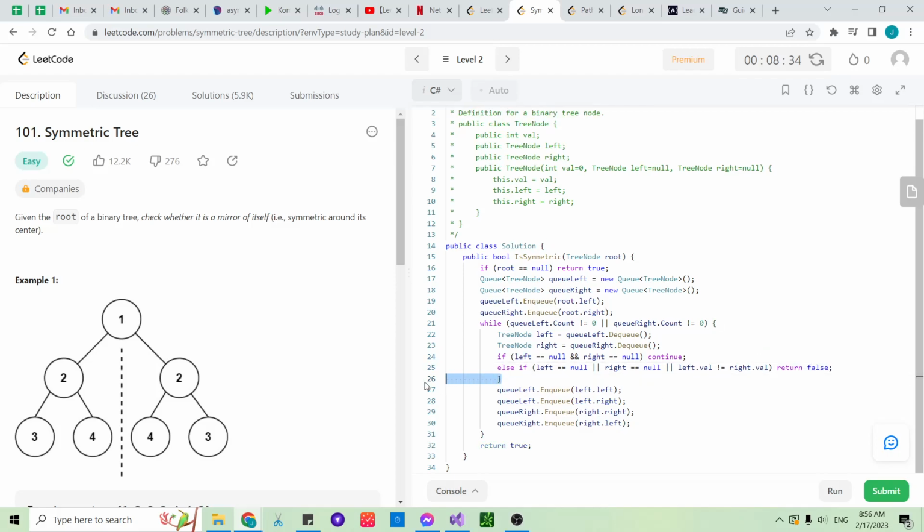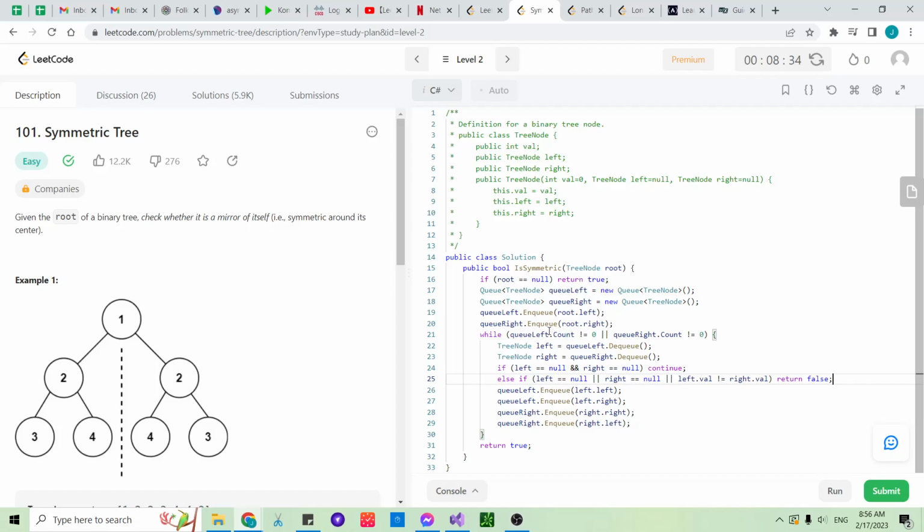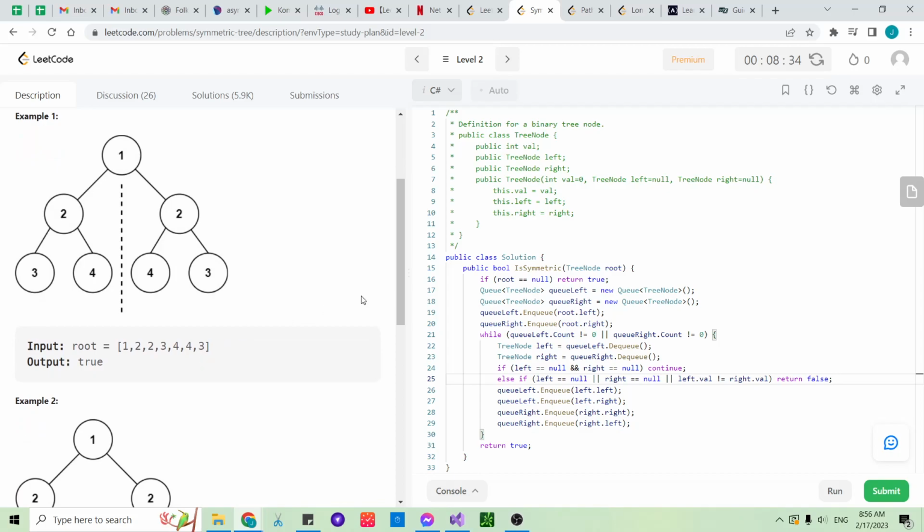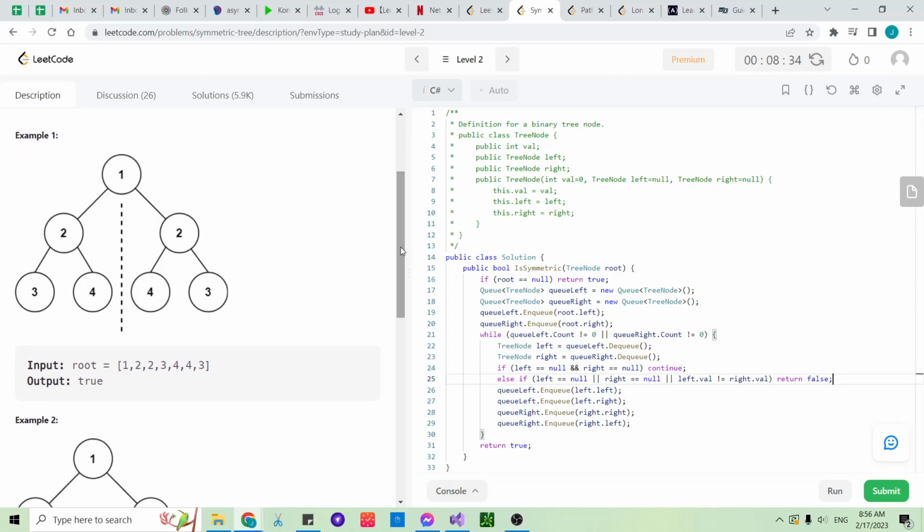So that's not really refactoring anything, just, okay, if they're both null, we will continue. So in the case when that is null and that is null, well, we could adjust it to be if the node is null, we will not enqueue it.